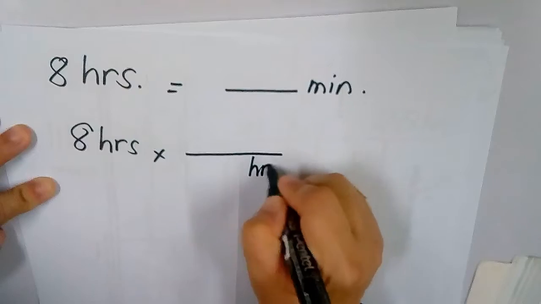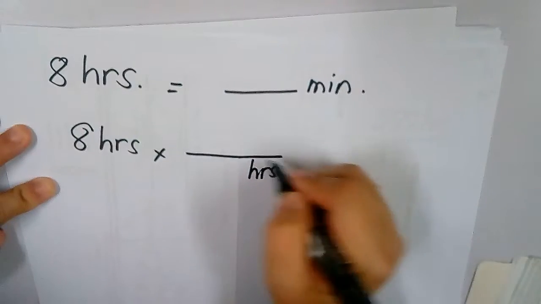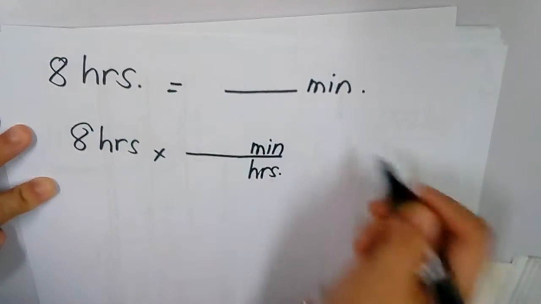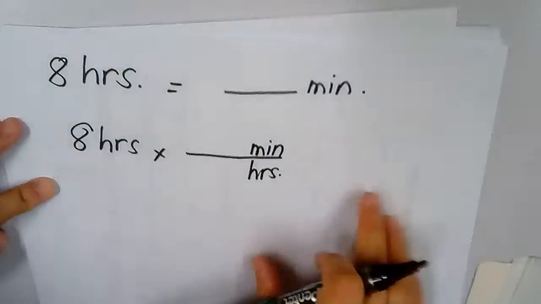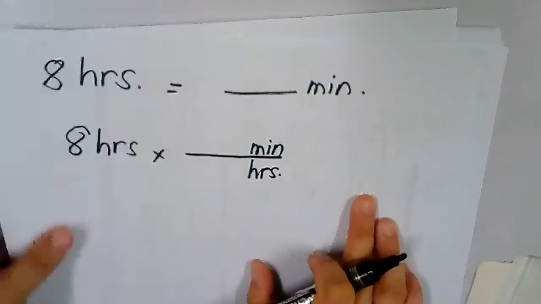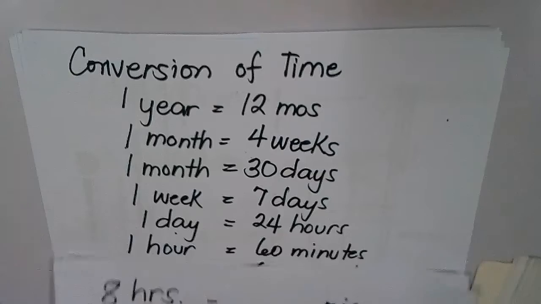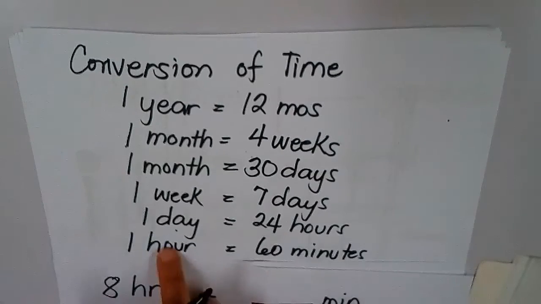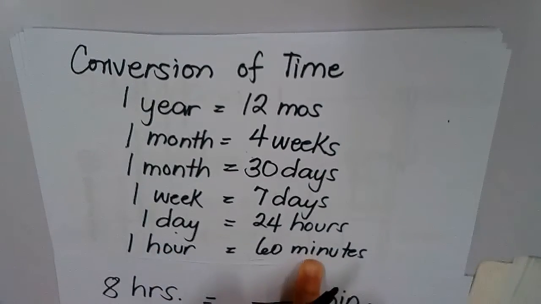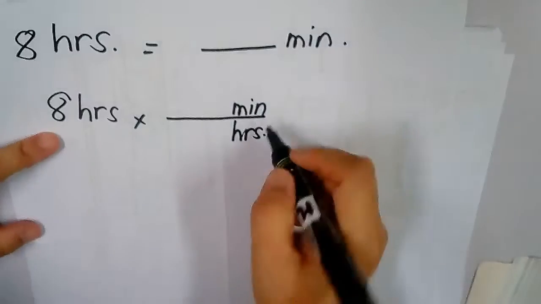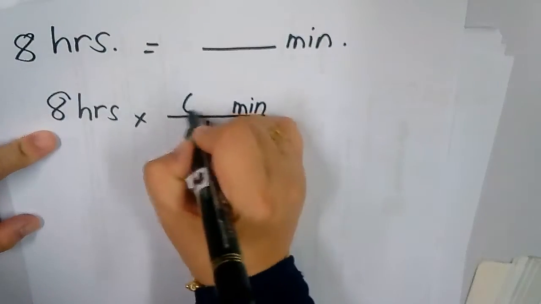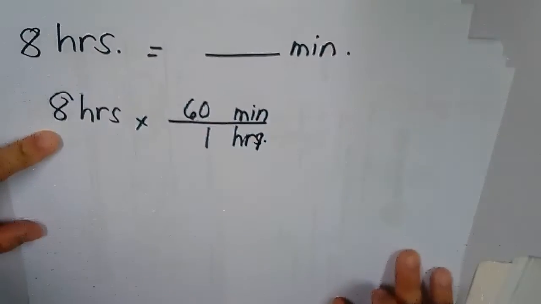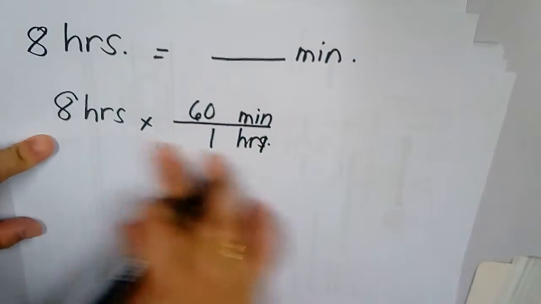In this case, it's hours. And this one is minute. Okay? So, sino mas malaki? Meron ba tayong conversion na mapunta agad sa minutes? Yes, meron. So, meron daw 1 hour sa 60 minutes. Okay? So, ganyan yung conversion niya.